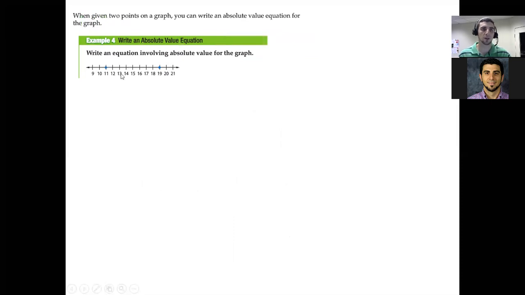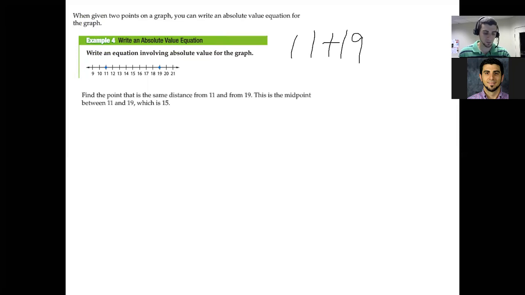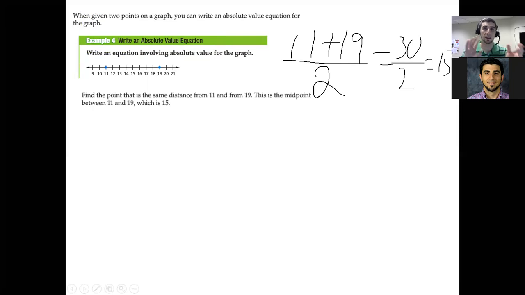What's the middle of 11 and 19? Well, it's 15. The easiest way to find the middle of two numbers is to add them and divide by 2. So 11 plus 19 is 30, divided by 2 is 15.